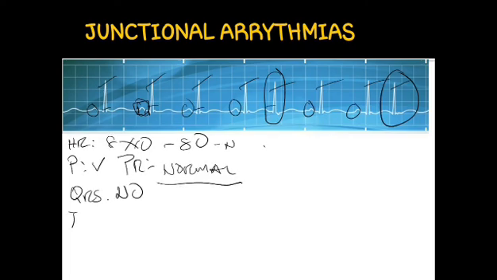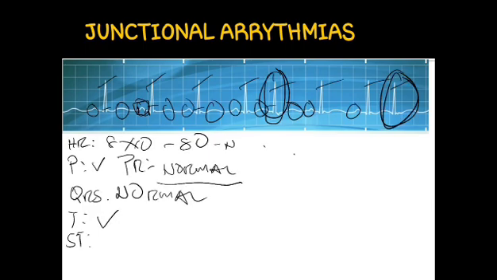Let's check the T wave. For the T wave, guys, we also have a T wave in each QRS complex. So after every QRS complex, there is a T wave, and also the ST segment is not elevated and not depressed. So meaning we don't have any problem with ischemia or infarction with this rhythm, and there's no chest pain. Okay, so the only problem that we have is these particular rhythms.